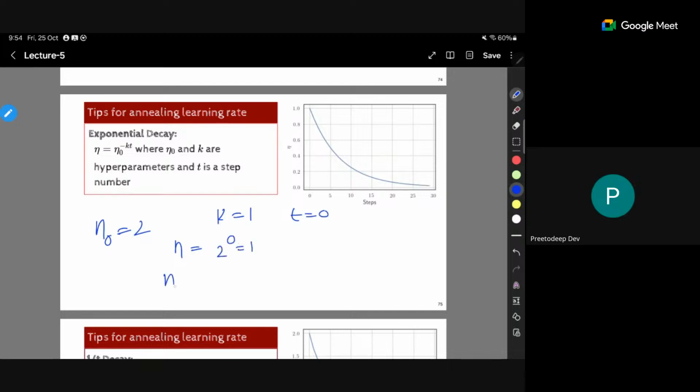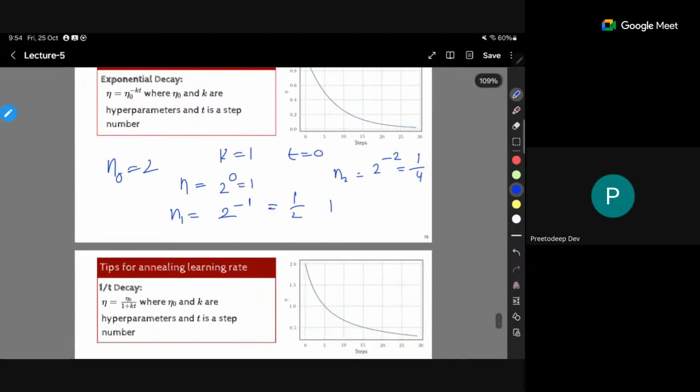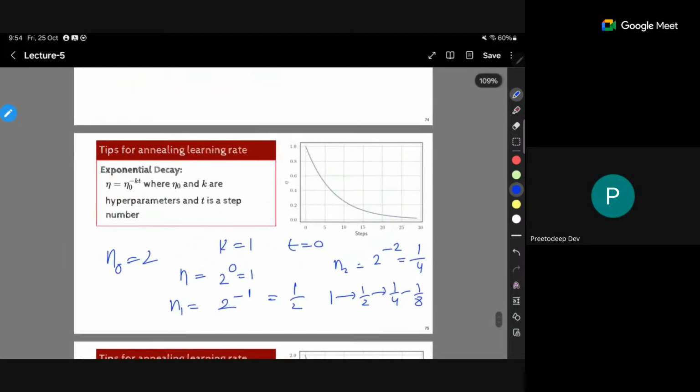What is going to be eta at the next step? 2 power minus 1, which is 1/2. Then eta 2 is going to be 2 power minus 2, which is 1/4. So you can see I started at 1, went to 1/2, 1/4, 1/8, something like this, right? So we are decaying exponentially, kind of.